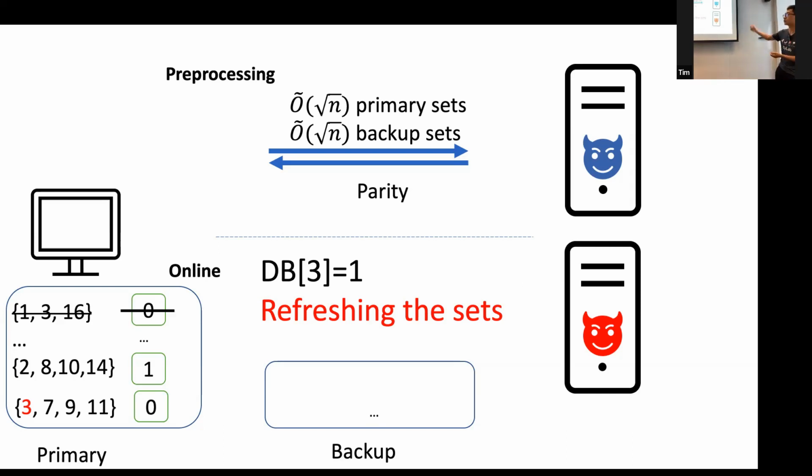That's the reason why we need to make sure 3 is in the set. If 3 is not in the set, we can manually add it because we know the database value for 3. We also know the parity for the remaining elements. So we can simply run the local computation and get the correct parity. Okay.